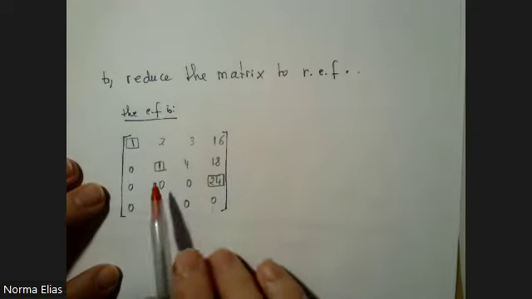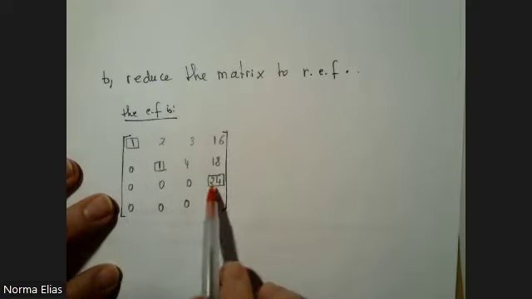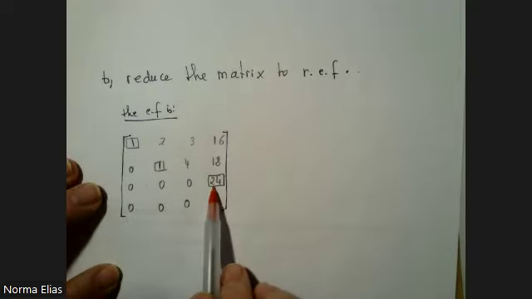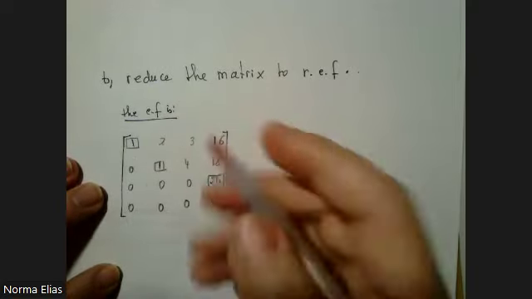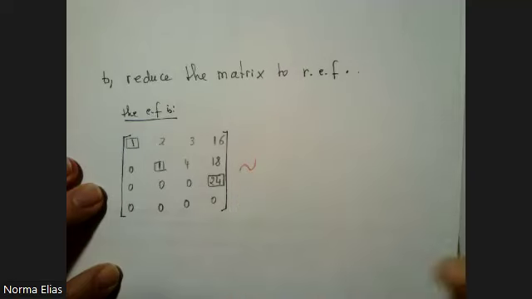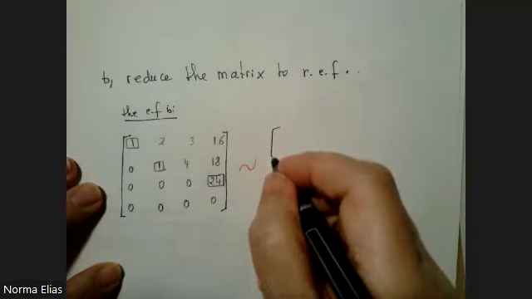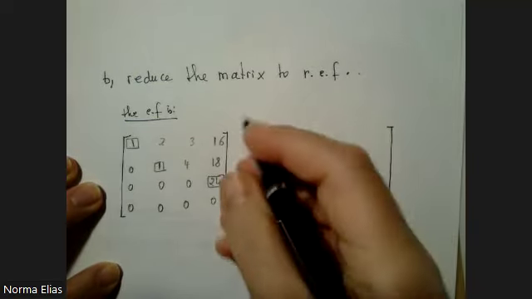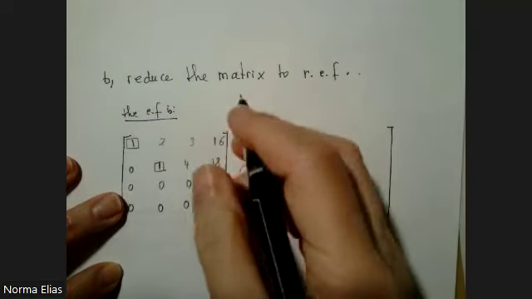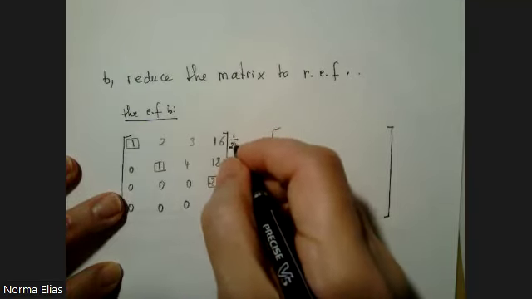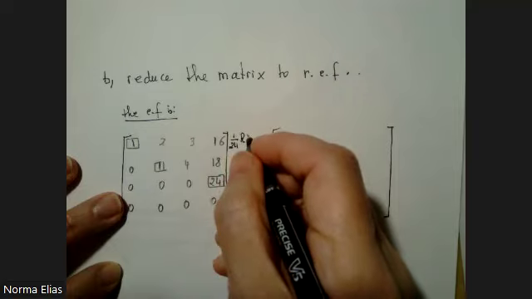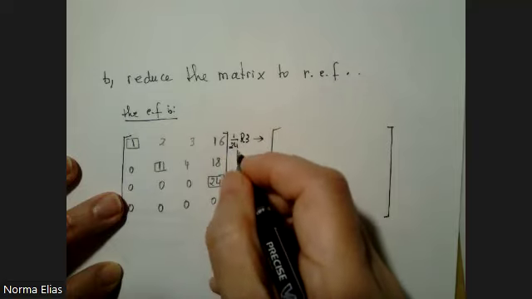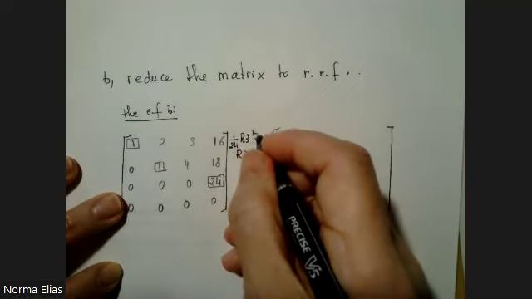Now, the first step in this problem is, okay, I have 24 here. I want this to be made into 1. So what should I do as first step? Which operation shall I do? Scaling, absolutely. So I'm going to take the third row divided by 24, and this would be my new row 3.